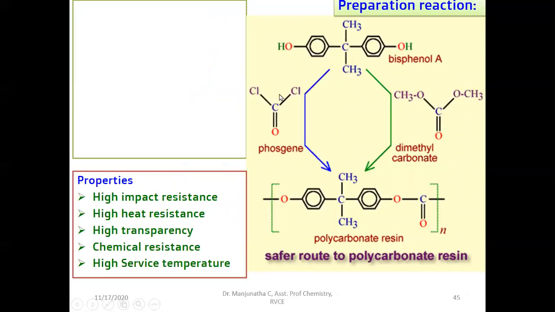So it is called polycarbonate. Because phosgene is very poisonous in nature, polycarbonate resin can also be prepared using dimethyl carbonate. This is dimethyl carbonate. Instead of using phosgene, people have prepared polycarbonate using dimethyl carbonate. These are dimethyl, and this is carbonate, CO3.